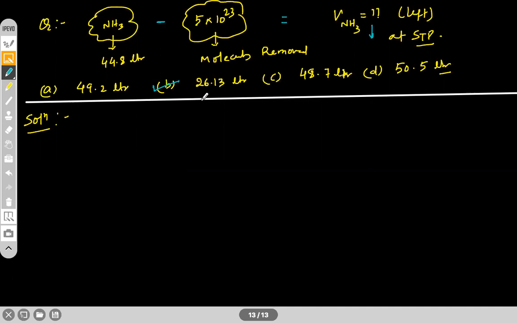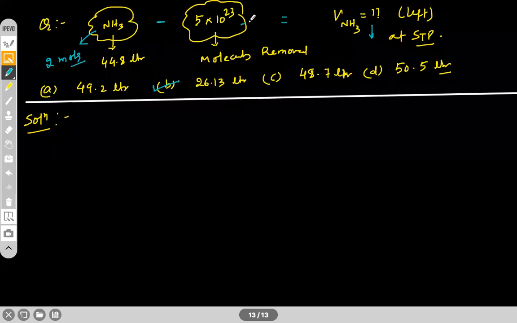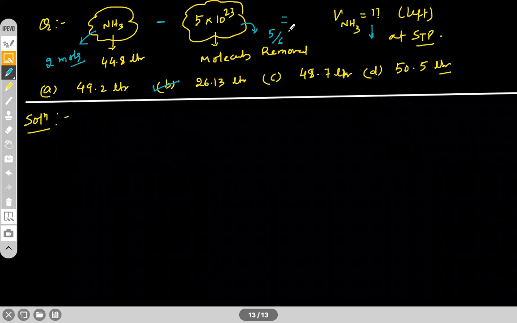Another thing, how do we do this? Initially, if I ask you, what is the number of moles? We have 2 moles initially present. And what is the number of moles removed? That is 5 by 6. 5 by 6 is almost close to 1, right?